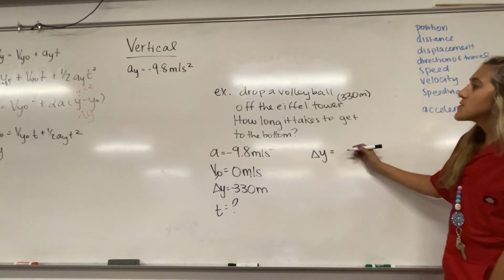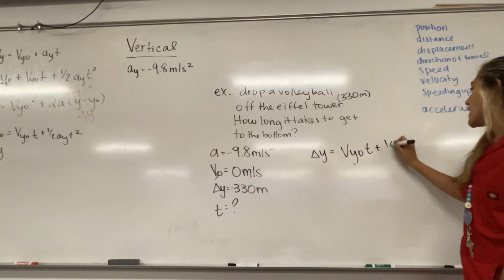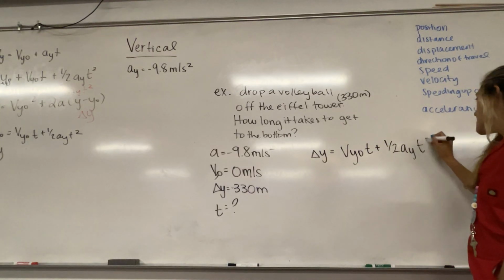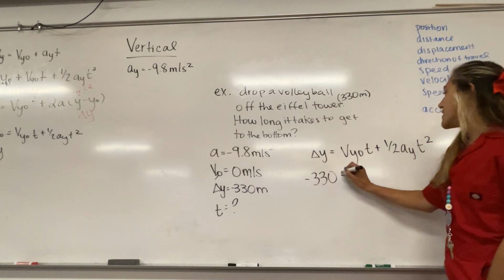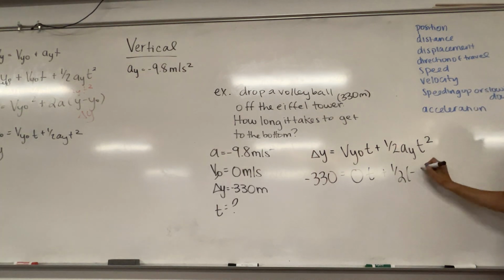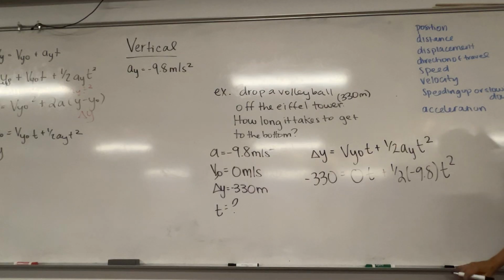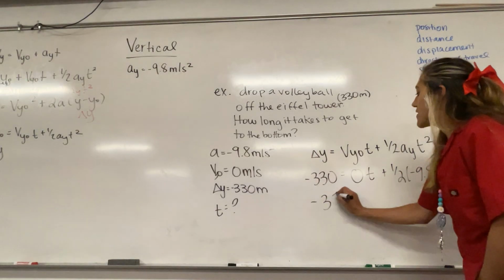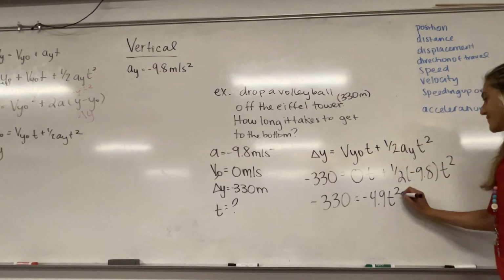All right. Delta y is equal to vy naught t plus 1/2 ay t squared. So negative 330 is equal to 0 times t plus 1/2 negative 9.8 times t squared. So negative 330 is equal to negative 4.9 t squared.